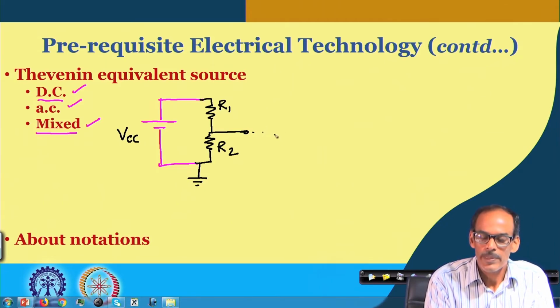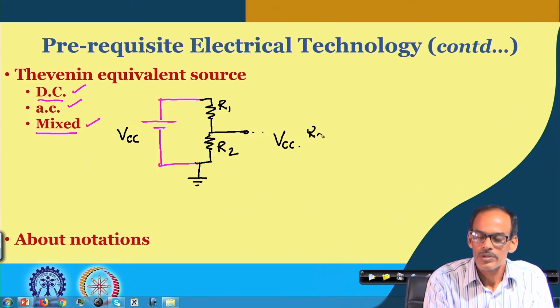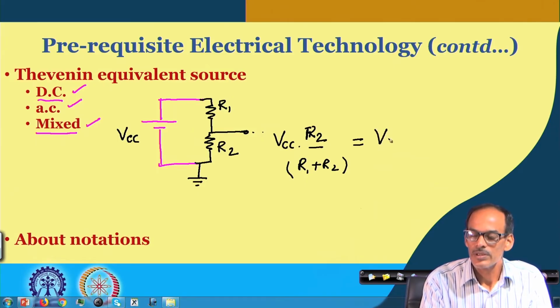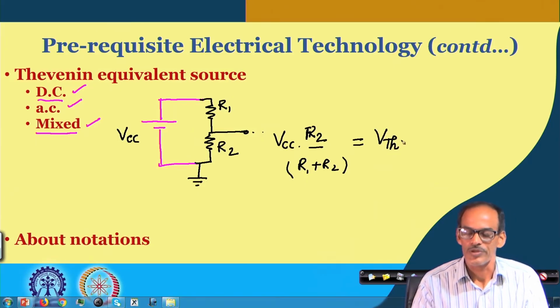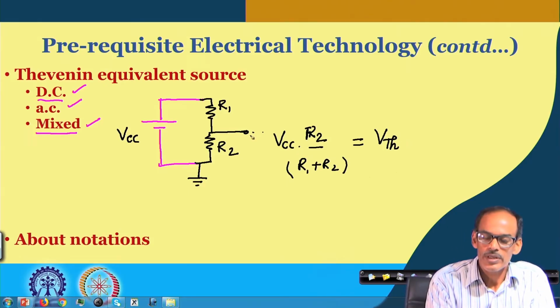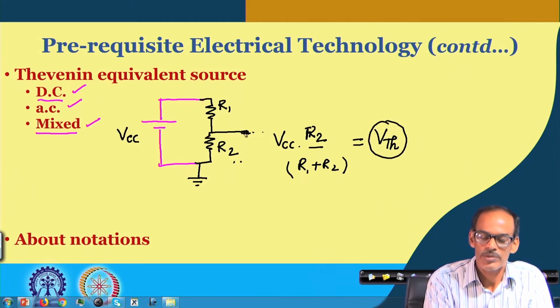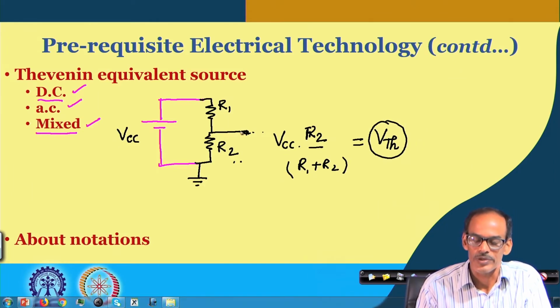It is VCC into R 2 divided by R 1 plus R 2. And we may use a different notation for this, called V Thevenin, the equivalent voltage. So, before you connect any load here, whatever voltage you get, that is called the unloaded voltage, which is the Thevenin equivalent voltage.